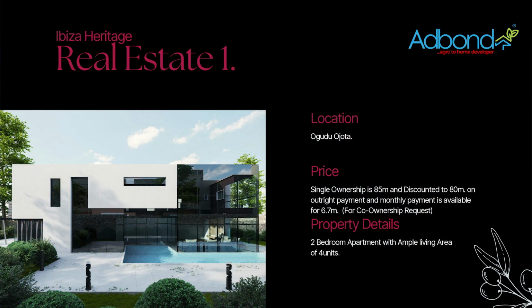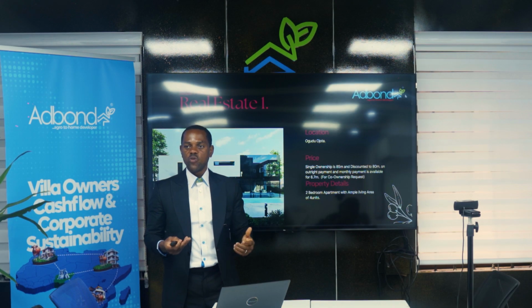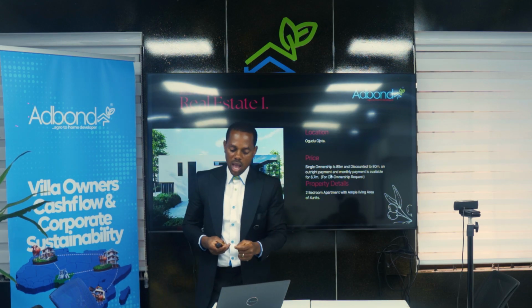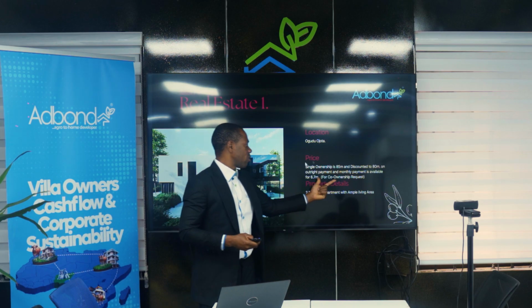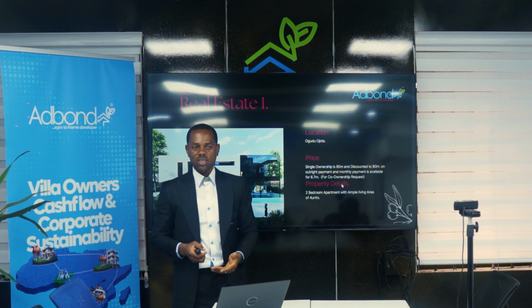So now under Real Estate 1, which is Ibiza Heritage, you put the location and the price. Location is Ogudojota. The price for single ownership is 85 million, discounted to 80 million on outright payment, and a monthly payment plan is available at 6.7 million for 12 months. And then look at co-ownership requests.